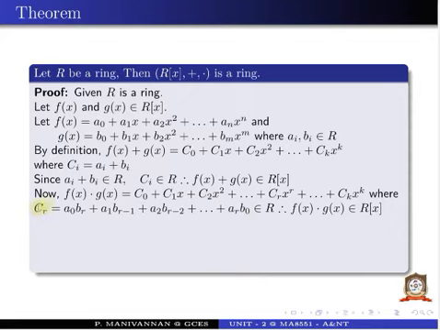So this is the coefficient cr. It belongs to R. Why? R is a ring. It is closed under multiplication and also addition. So this value must belong to R. Therefore, f(x) g(x) belongs to R[x]. So here multiplication is also closed.